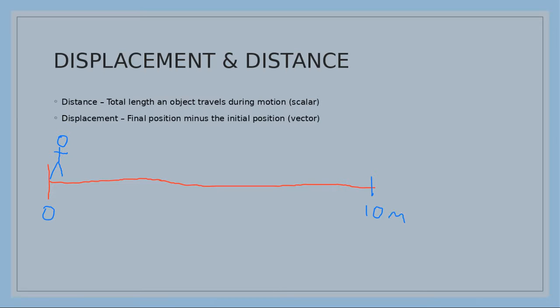All right. And let's say he walks from there all the way over here to the 10 meters. And then he walks back halfway, let's say it's right here. It's at 5 meters.